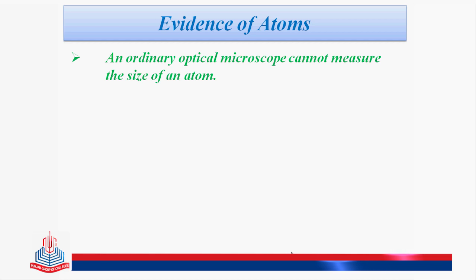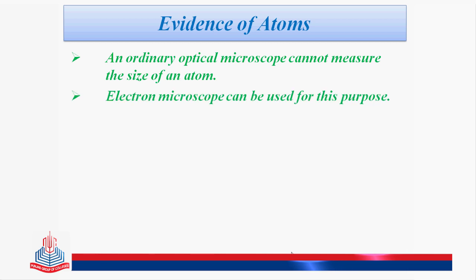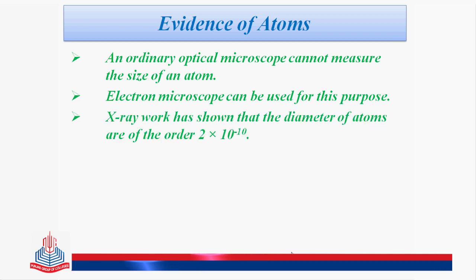Therefore what we use is an electron microscope. An electron microscope has a beam of electrons instead of visible light. As the wavelength of an electron is much smaller than that of visible light, it can be used for this purpose. X-ray studies have shown that the diameter of an atom is of the order of 2 × 10^-10 meters.